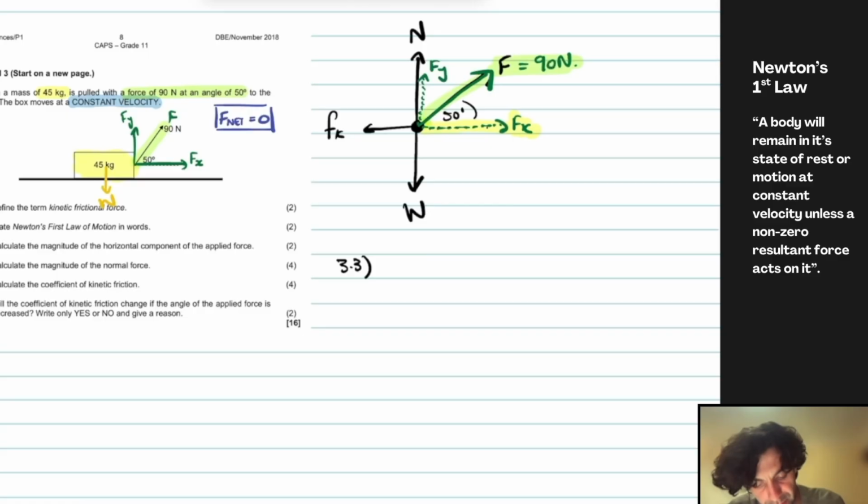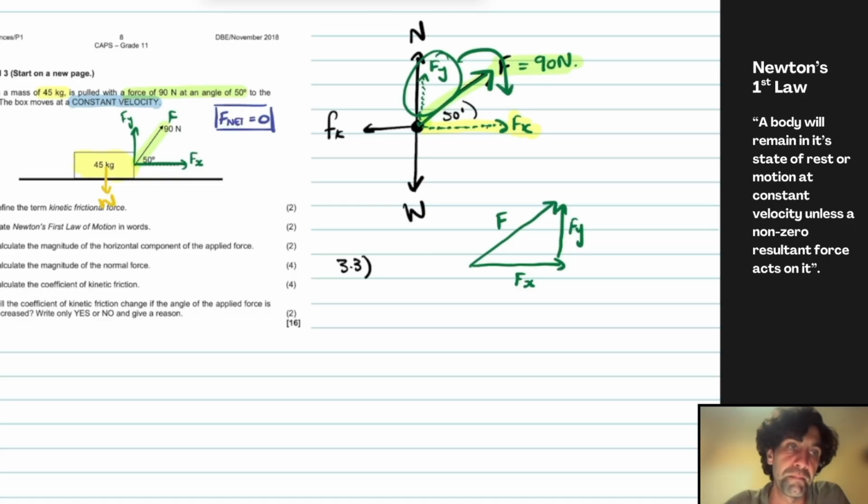What we can do is draw a little triangle to help ourselves out here. So we've got F acting this way. We've got Fx, which is what we're interested in. And if it helps you, you can also shift your Fy over here so that you form a triangle, and this helps you with the trig.